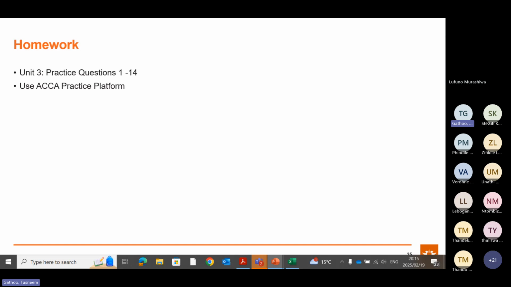What I've done is I've added this collective investment scheme to last week's slide deck, and it's in the slide deck that's for part B of the slides as well. So it's in both slide decks. Also, for last week's slide deck, if you've downloaded that slide deck, please download a new version of it, because I've updated it. I've added in a few things and updated a few things in there.